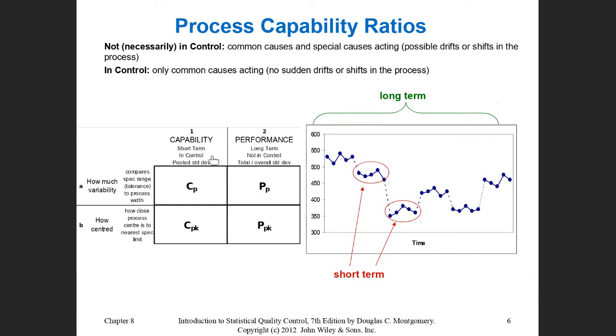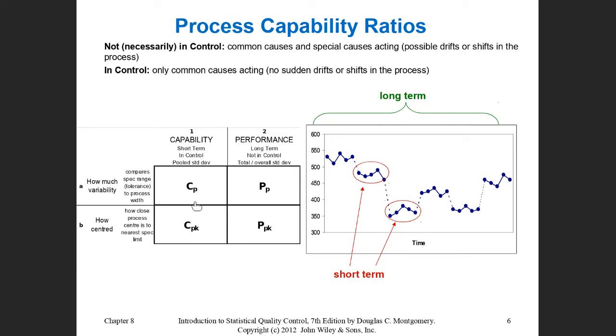For capability, they refer to the ratio with a C, which stands for capability, or P, which stands for performance. We have 4 different process capability ratios. The process capability ratios for the capability analysis are called CP and CPK, whereas for the performance they call them PP and PPK.